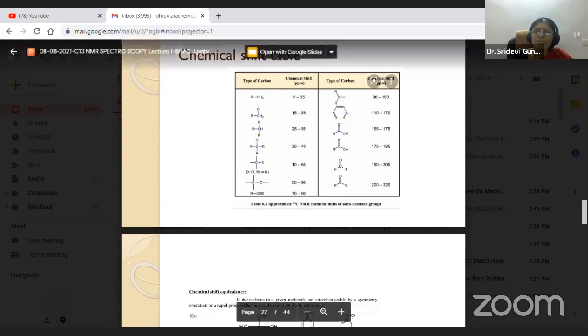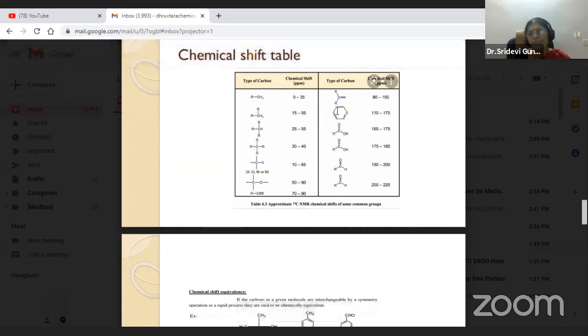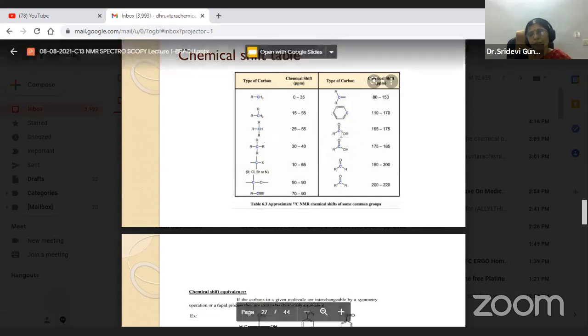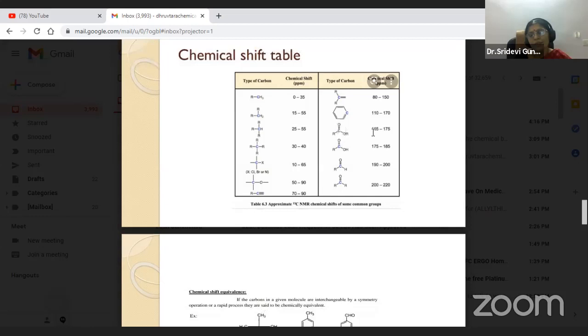Under factors affecting chemical shift, I'll tell you what factors move a carbon from the normal range to a lower or higher range, downfield or upfield. With benzene, you see around 120. Actually, benzene is 128, but it can go upfield or downfield of 128, anywhere between 110 and 170, depending on the substitution. Esters are 165 to 175. Carboxylic acid carbons are 175 to 185.